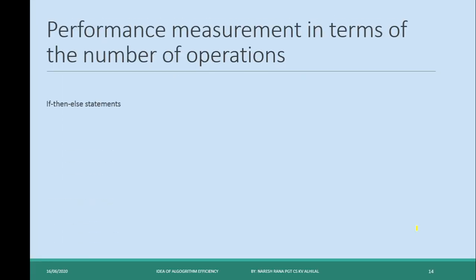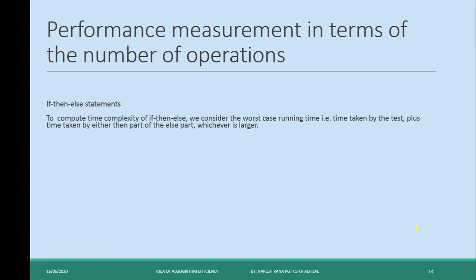Then if then else statement. To compute the complexity of an if then else statement, we consider the worst case running time, that is the time taken by the test plus the time taken by either the if part or the else part, whichever is larger. So if length of list 1 is not equal to length of list 2, its execution is constant time c1.